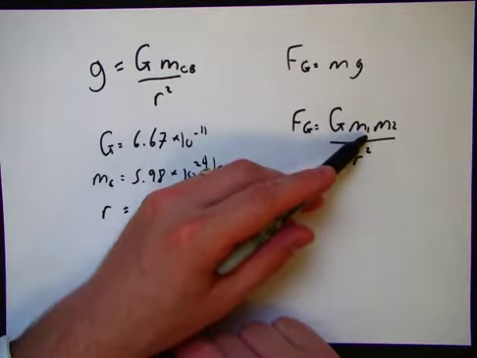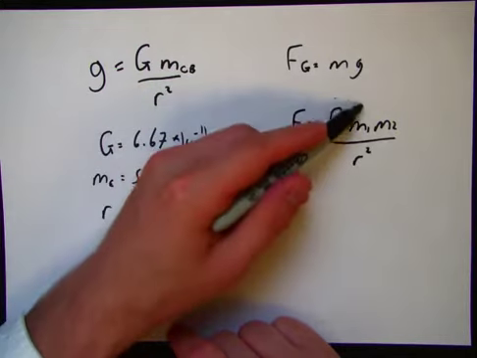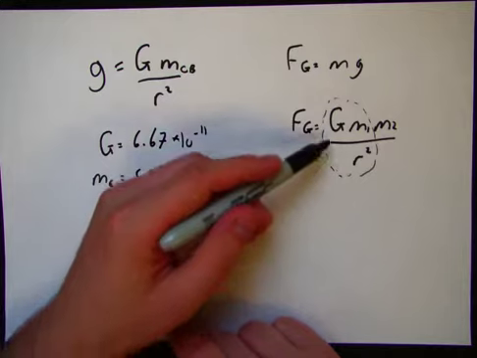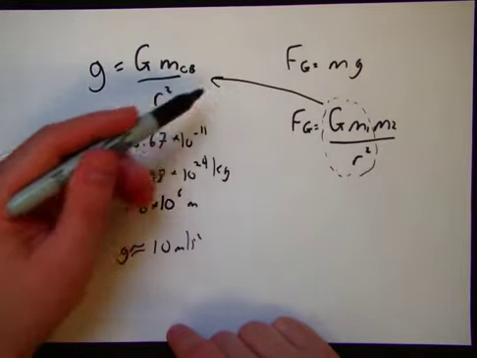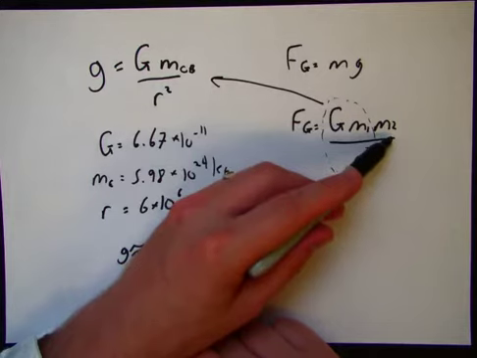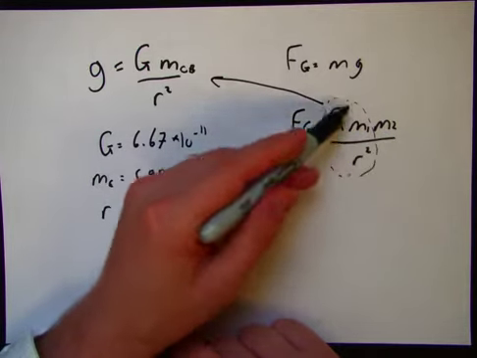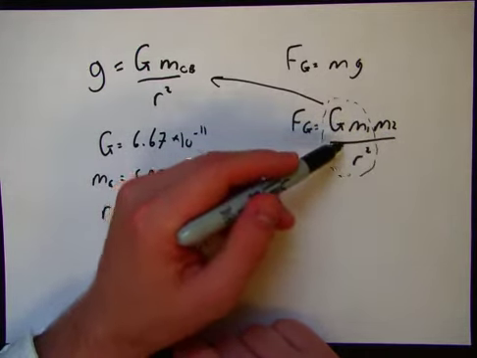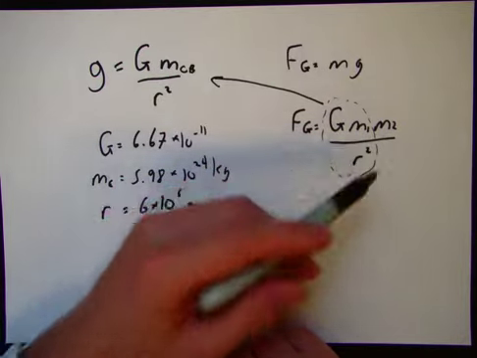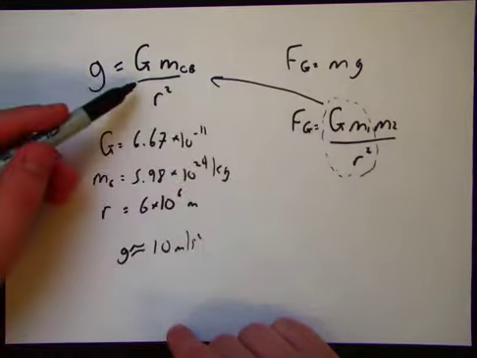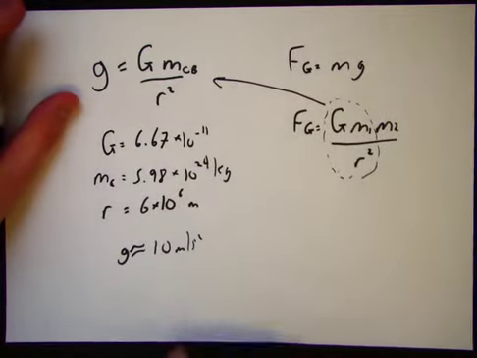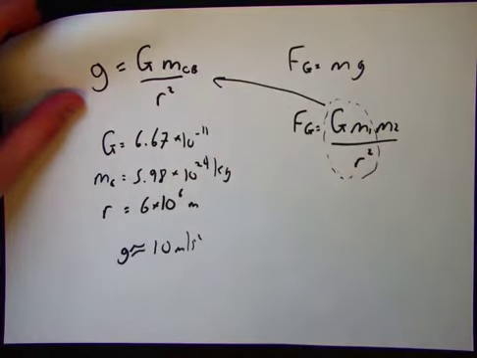This m1 could be the center body. In other words, if you look at this part right here, this is g, and this is m times g. Okay, this is the mass I'm putting into it. Here's the acceleration due to gravity caused by that other object. So just so you can distinguish between the two here, again, this will give me newtons, this will give me meters per second squared.